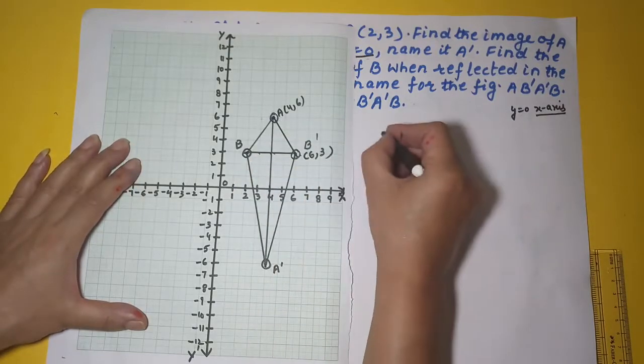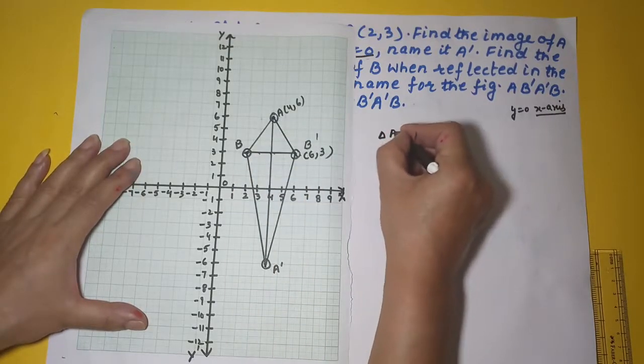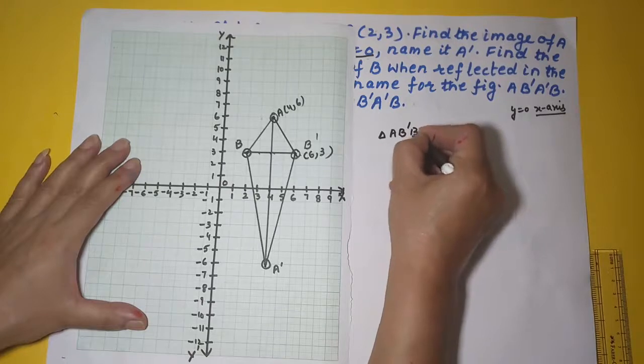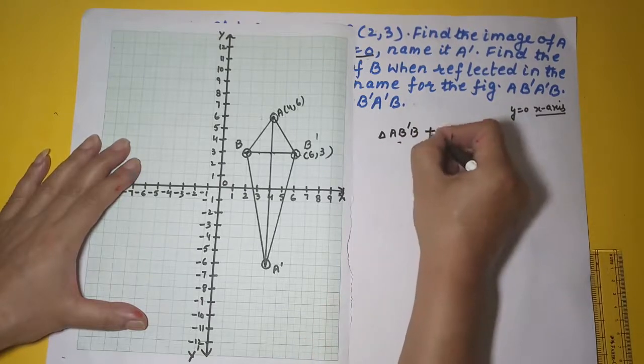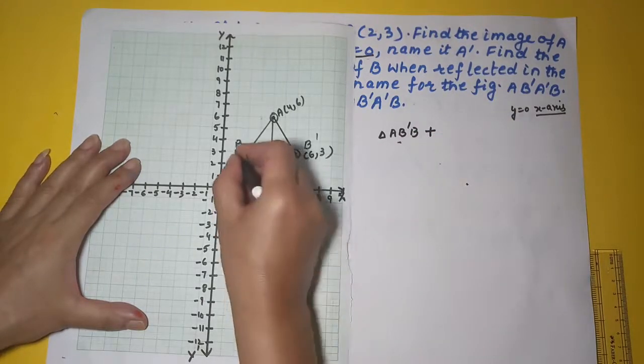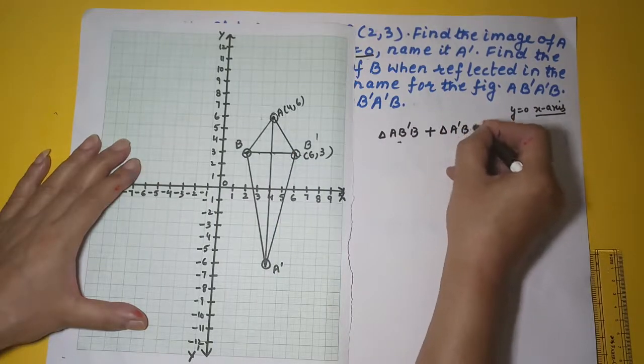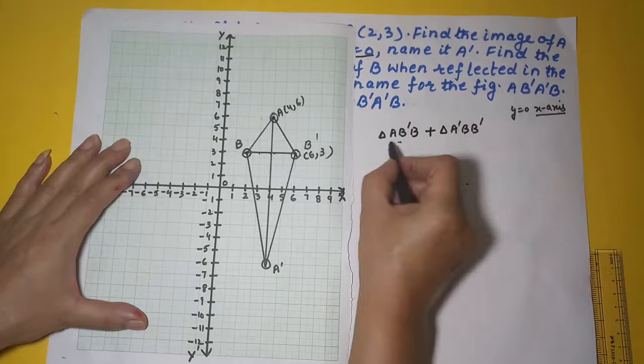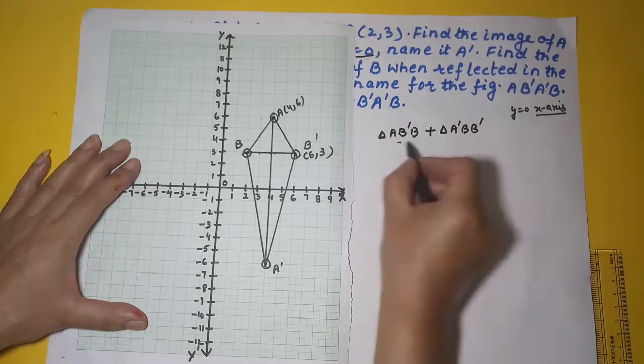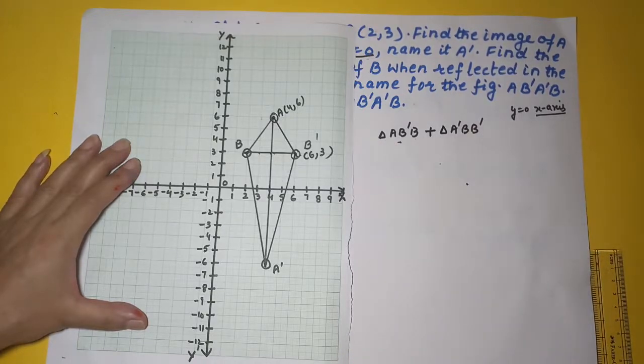We have triangle A, B dash and B, and we also have triangle A dash, B and B dash. If we find the areas of these 2 triangles and then add them up, we will get the area of this entire figure, that is the area of this kite, right?